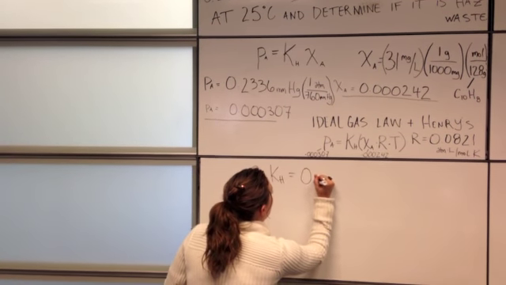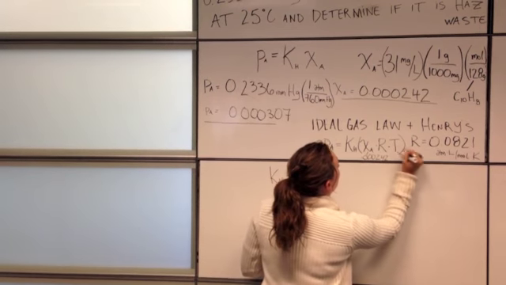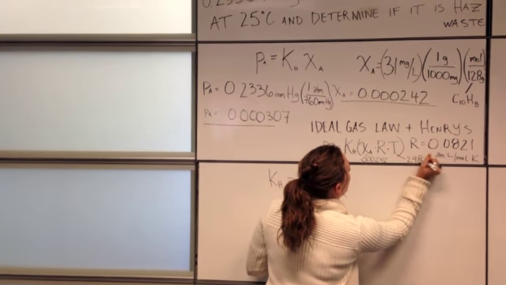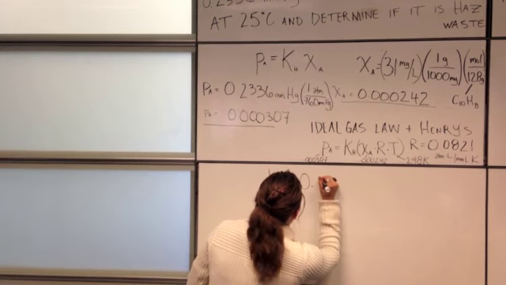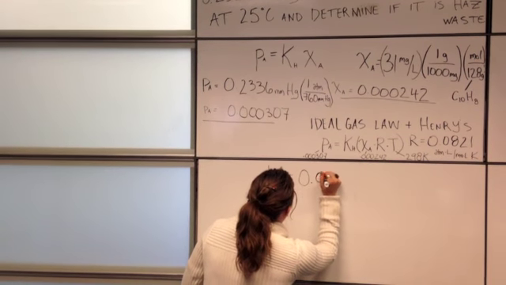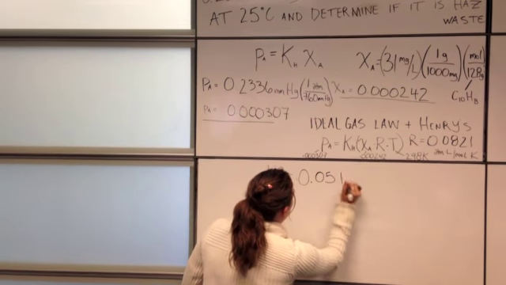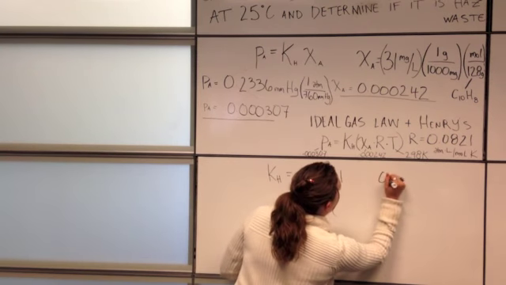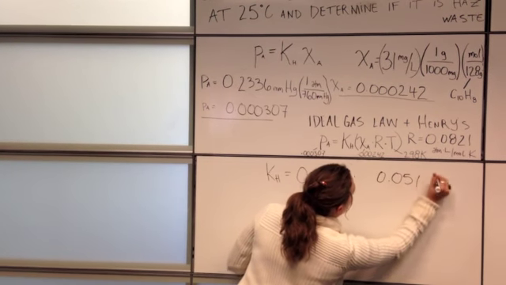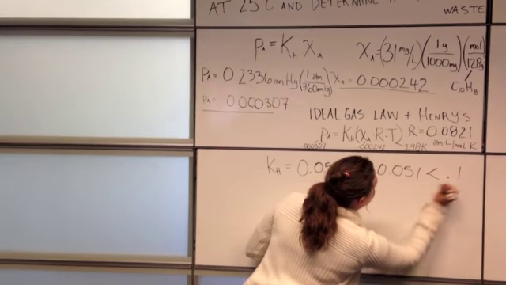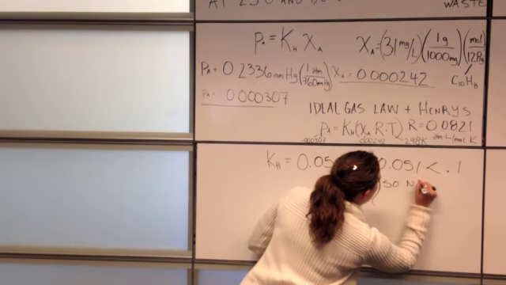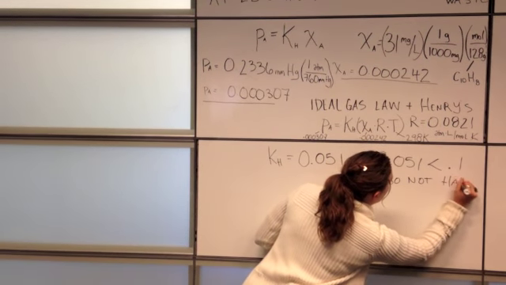This uses the conversion of 1 atmosphere to 760 millimeters of mercury. This gives us a vapor pressure of 0.000307 atmospheres. Plugging this into our equation, P equals KXRT, we get a K value of 0.051.